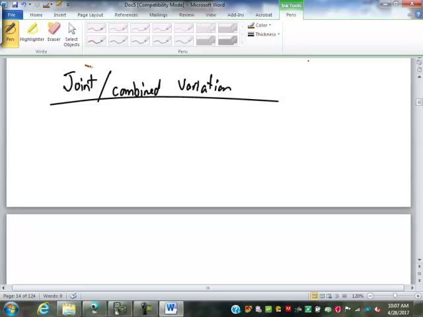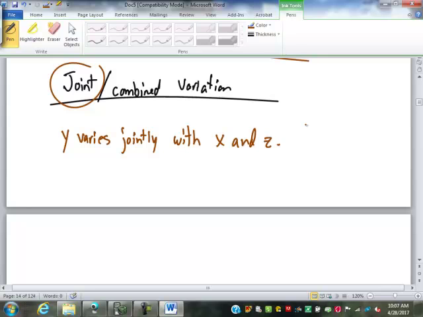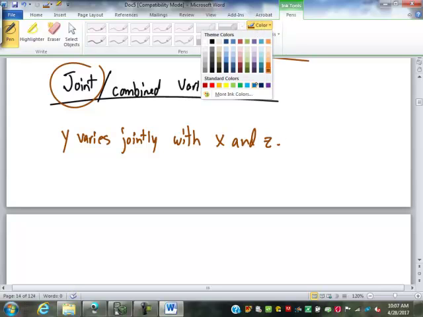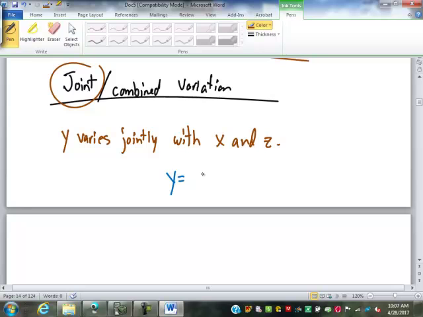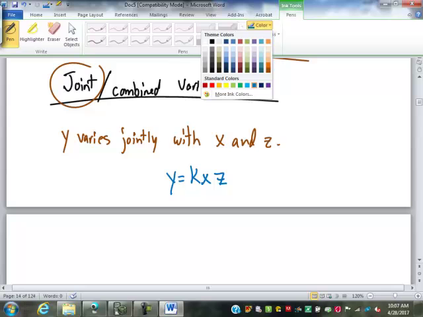If they use the term joint variation, the wording would often look like this. Y varies jointly with X and Z. What that is saying, Y is equal to a constant times X times Z. Y varies directly with both of them, in other words.